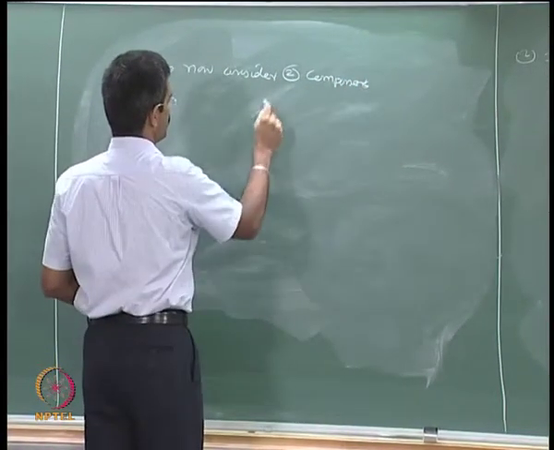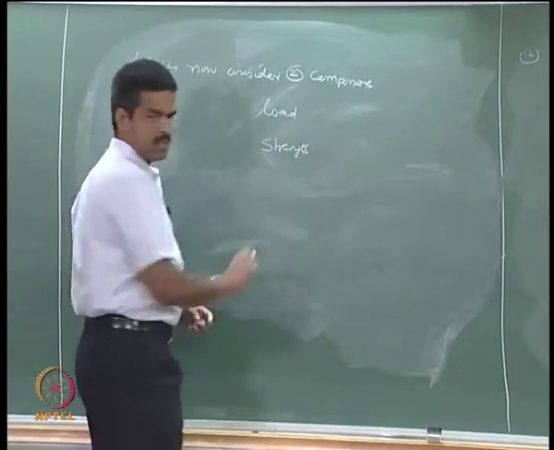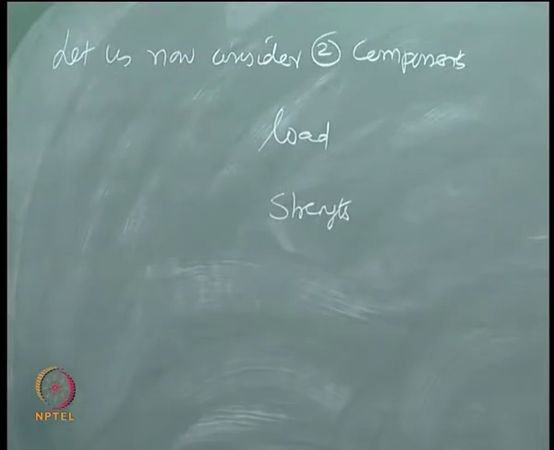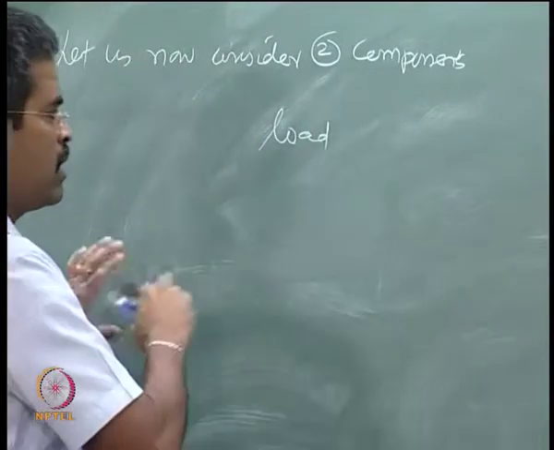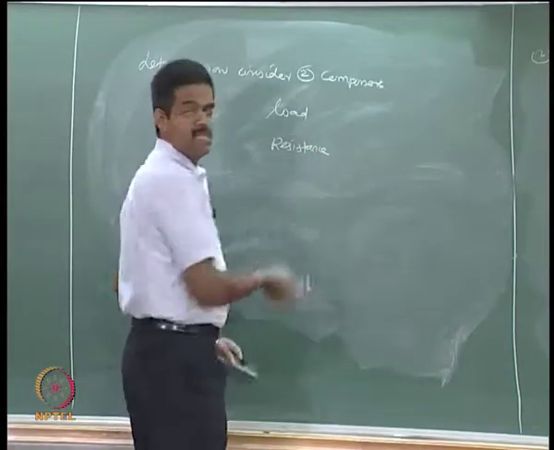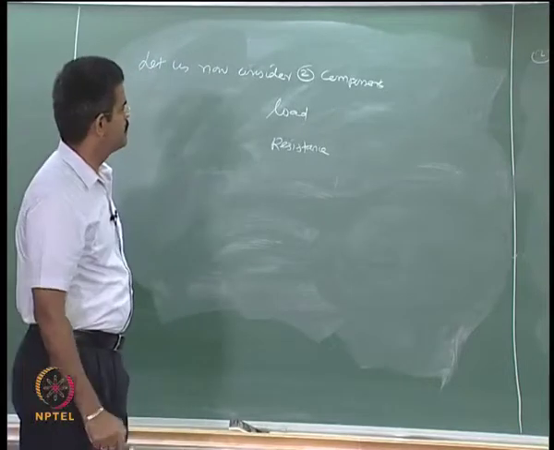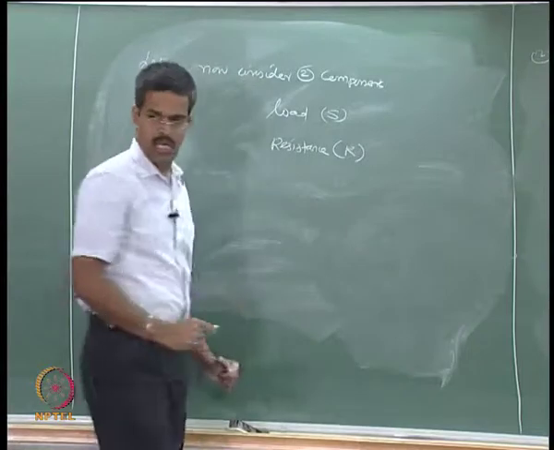What are the two components? One is the load, the other is the strength. Instead of strength, I will call this resistance. So, load I put as S, resistance I call as R.